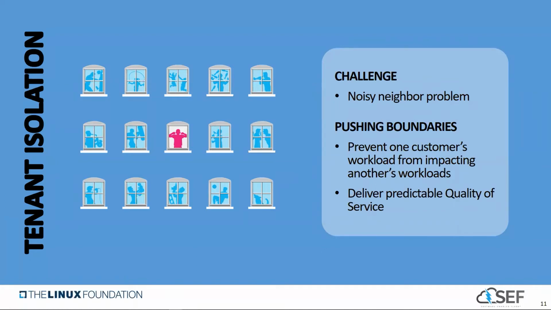This is a challenge we call the noisy neighbor problem. These competing needs are simultaneously placing diverse demands on the flash hardware. With software-enabled flash, the host can better manage one workload from impacting another workload and deliver predictable quality of service through the software.